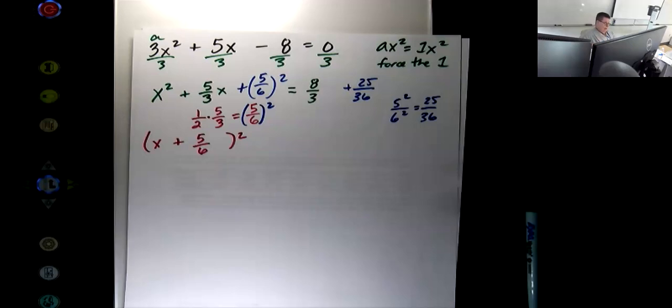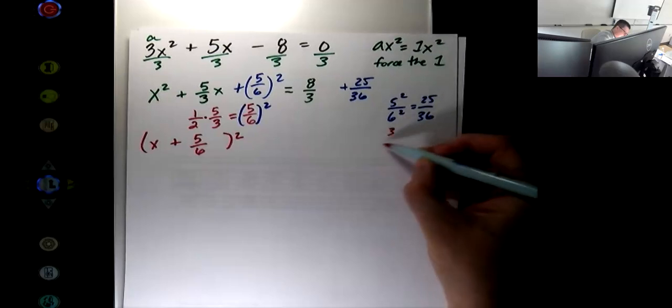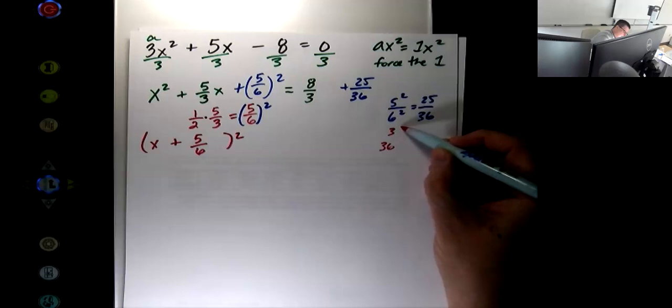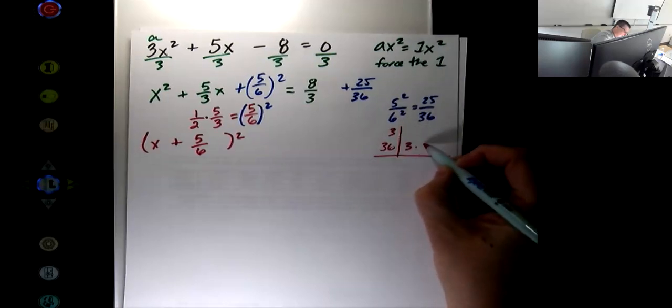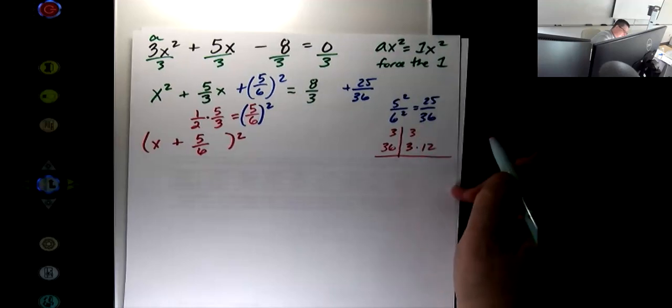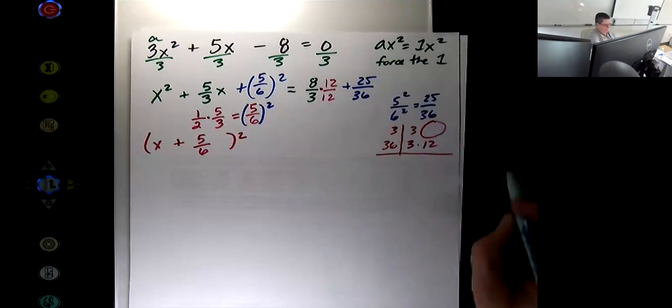And we want to get a common denominator to add these. 72? Not quite. 36 is actually gonna be it. 36 is 3 times 12. So we could just multiply this by 12/12.